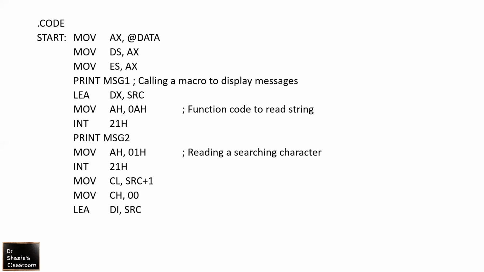Then I load the effective address of SRC onto DI. So the effective address of the string is loaded onto DI, and I am moving to the characters entered in the string. As I explained, SRC plus 1 contains the length of the string, and from SRC plus 2 onwards the characters entered in the string are stored.